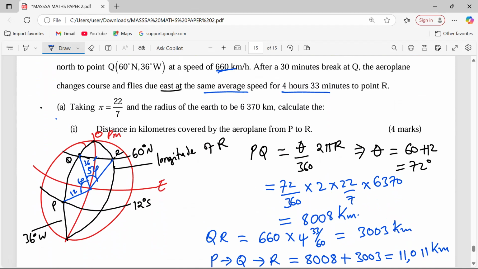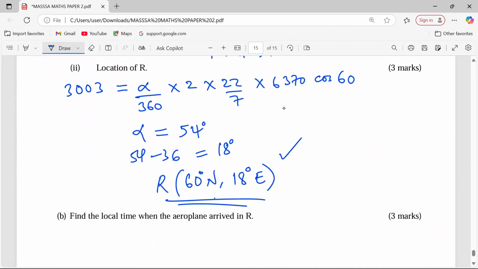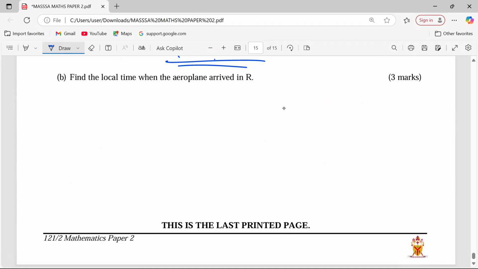So the time taken from P to Q will be calculated. We already have the distance and the speed of this plane. So when we combine that, we should get the time in hours which is being taken.